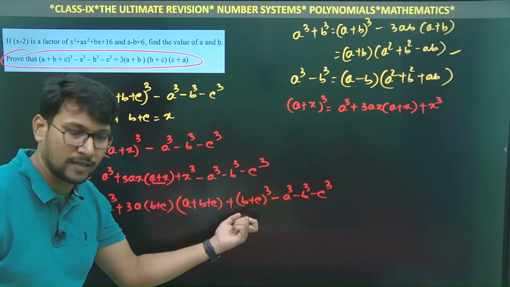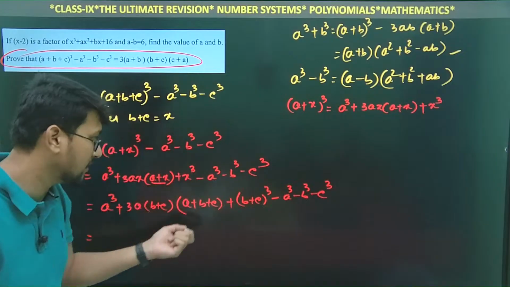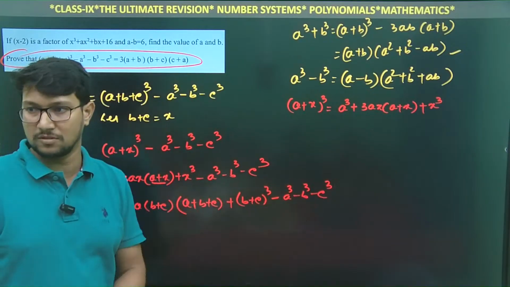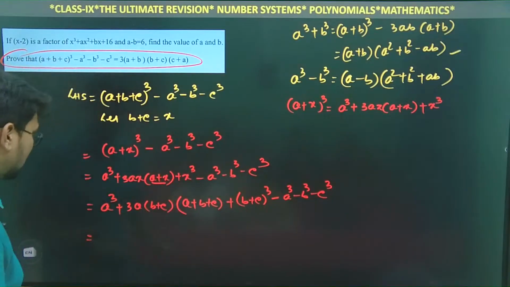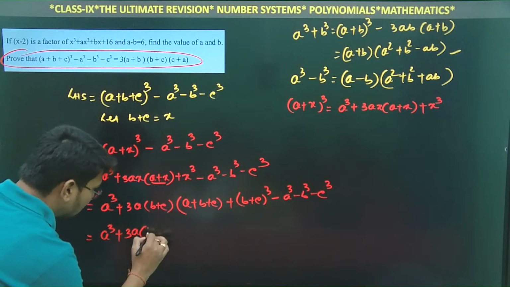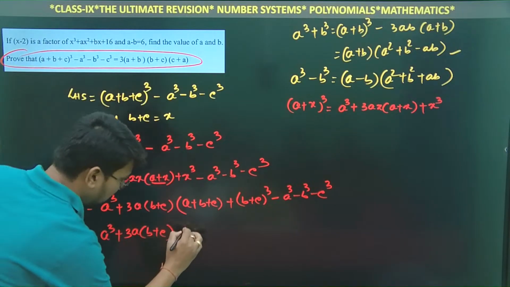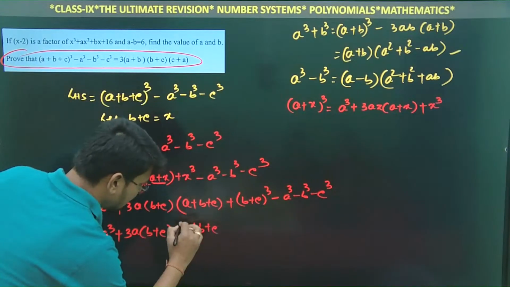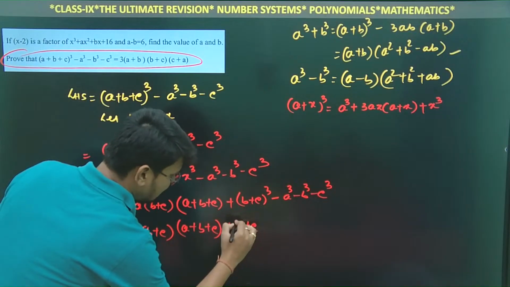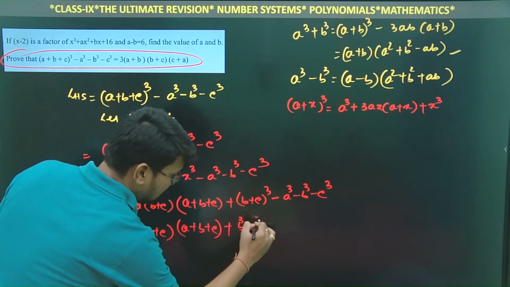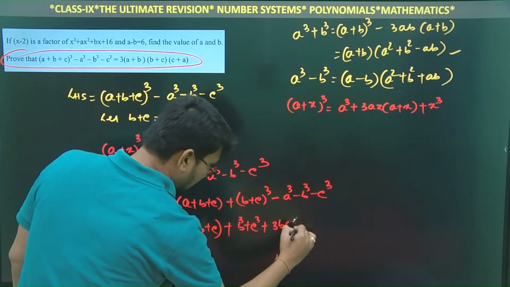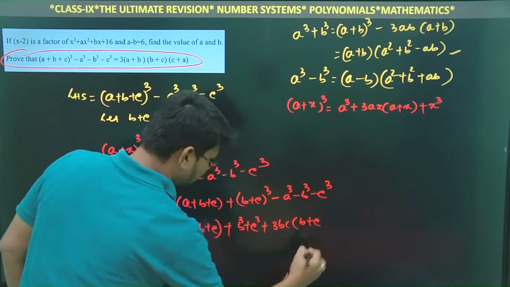Are you getting my point? We have to solve in this step only b plus c whole cube, but we have to write each term. So that is a cube plus 3 into a multiplied by b plus c multiplied by a plus b plus c. Here tell me, what will we get? b cube plus c cube plus 3bc into b plus c.